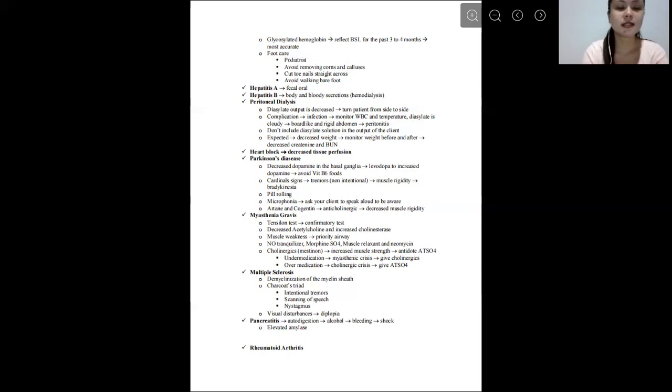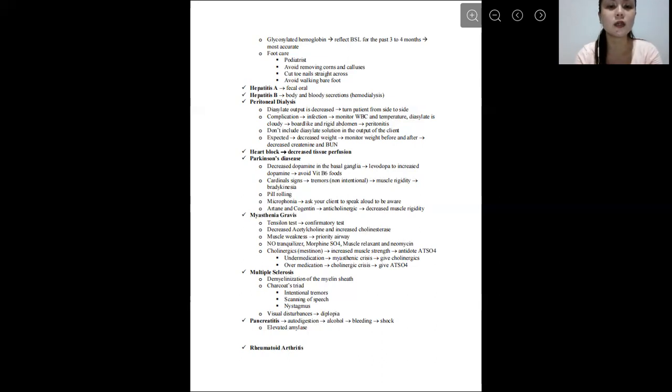So myasthenia gravis. This is a chronic disorder in which antibodies destroy the communication between the nerves and muscles, resulting in weakness of the skeletal muscle. The Tensilon test is the test conducted to diagnose myasthenia gravis.